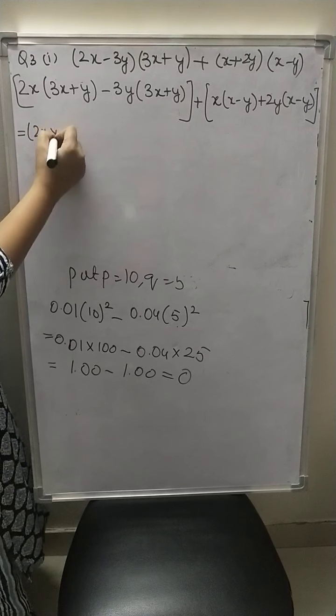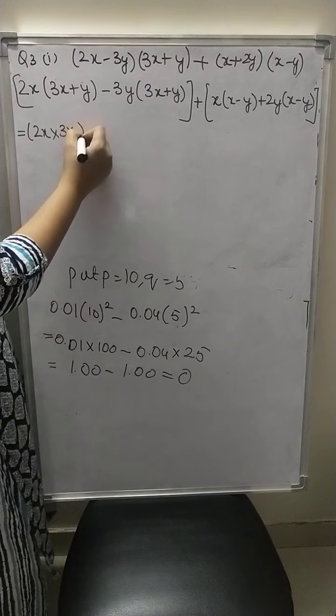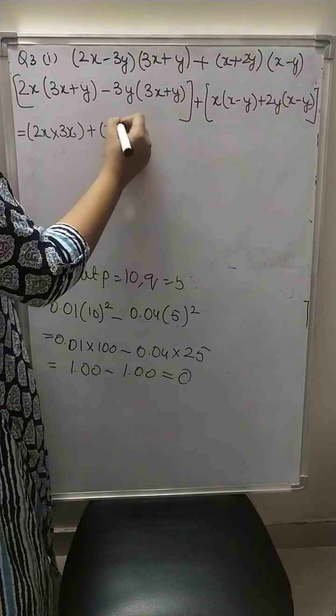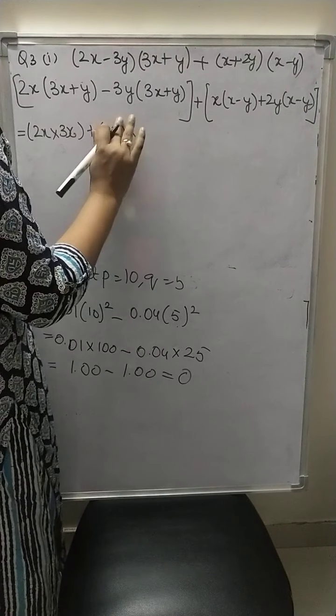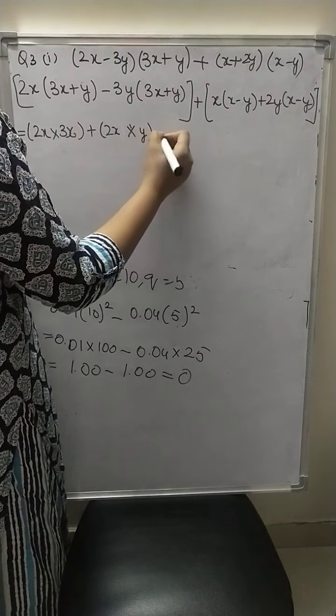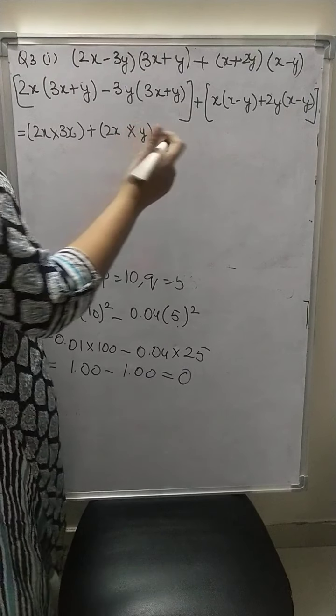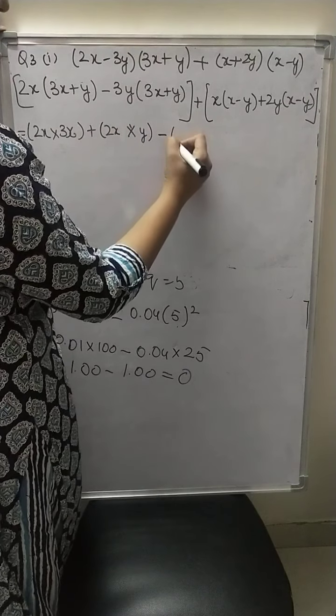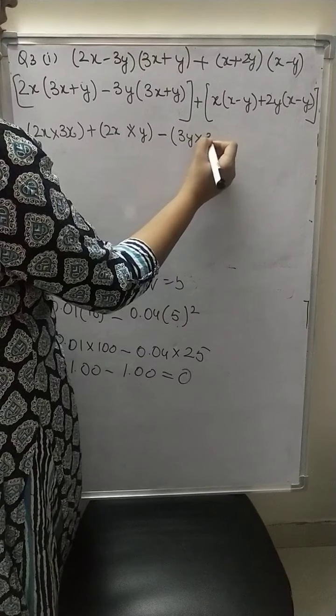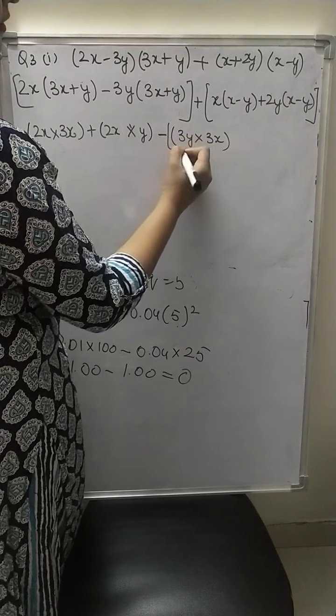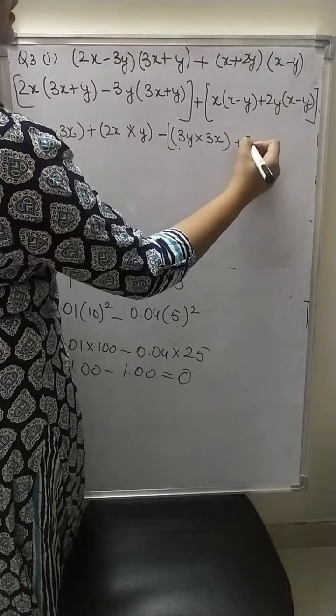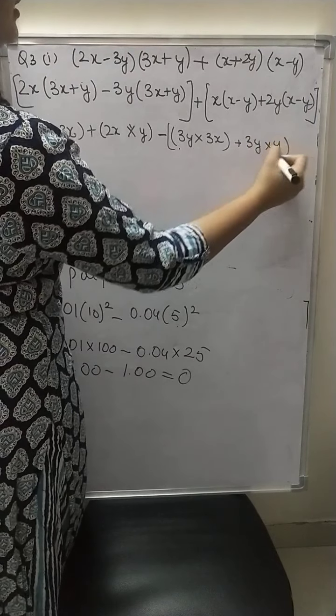So 2x into 3x plus 2x into y minus, now the minus sign has come, again a problematic case, 3y into 3x plus 3y into y.